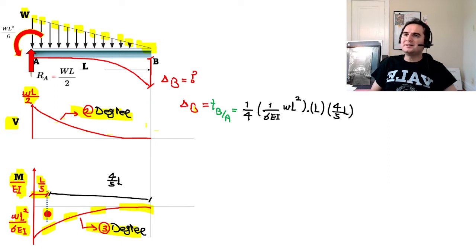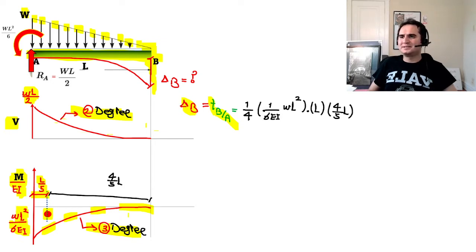And delta B, as you can see here, is just the tangential deviation of B with respect to A. That's based on the second moment area theorem.